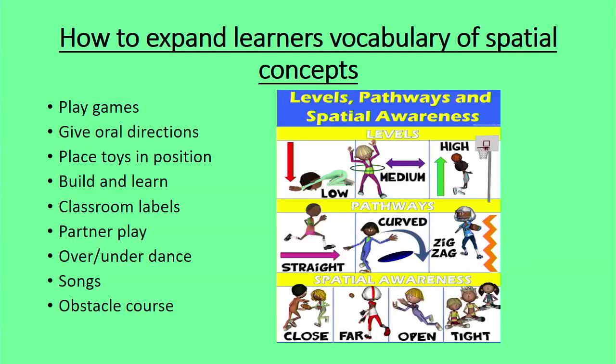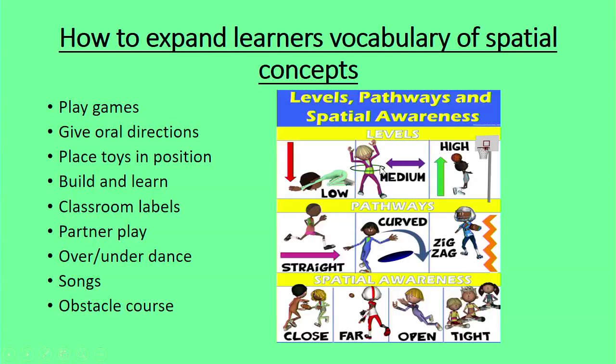Now, how do I expand the learners' vocabulary with the ones that have problems with poor spatial concepts? I play games, and as I can see from my worksheet here, I can ask them to go low, I can ask them to go high. So those are vocabulary that I use.